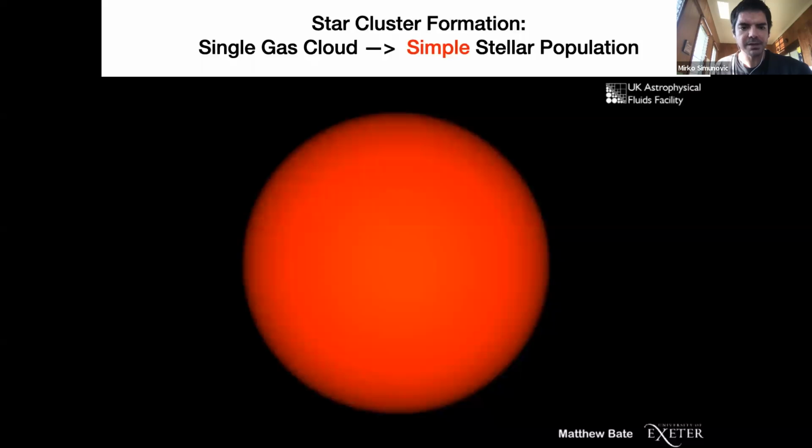So in this animation, you will see how this gas cloud, which is this red circular object, will essentially collapse because of gravitation. The gravitational force will make the cloud collapse into itself, and little clumps will start forming.